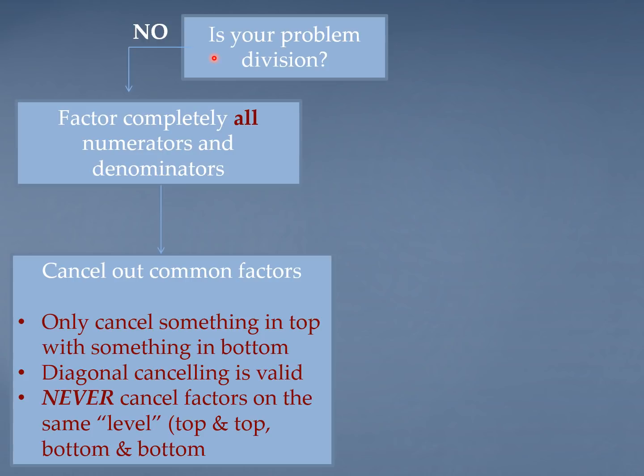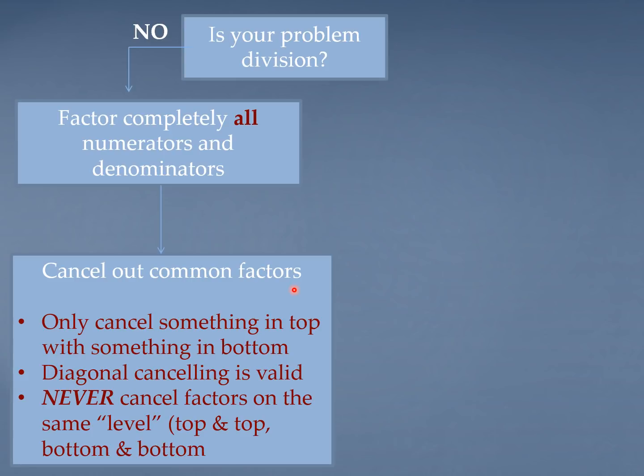Now, it is important to discuss what things you can cancel. So obviously, okay, common factors, but they have to be in separate levels. And that's how I want us to think of this. So think of the top part of the fraction being the top level and the lower part of the fraction being the bottom level. So like main level, basement, something like that.